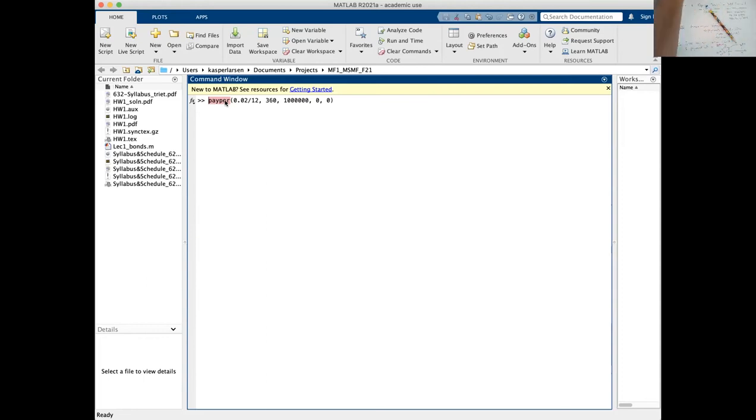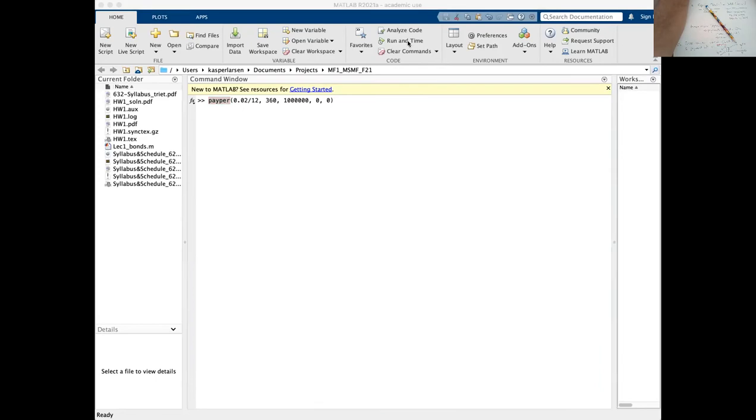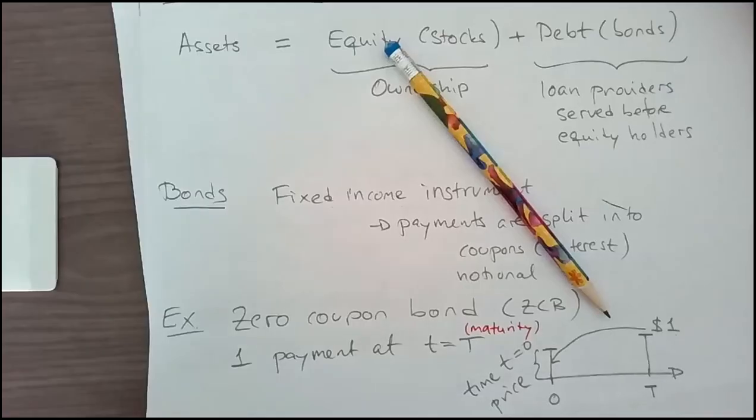Okay, so if we don't know what PAYPER is, we need to go and figure this out. So to do that, I need to stop sharing, and then I'm going to share my internet screen instead, so you can get a feeling for how to do that.